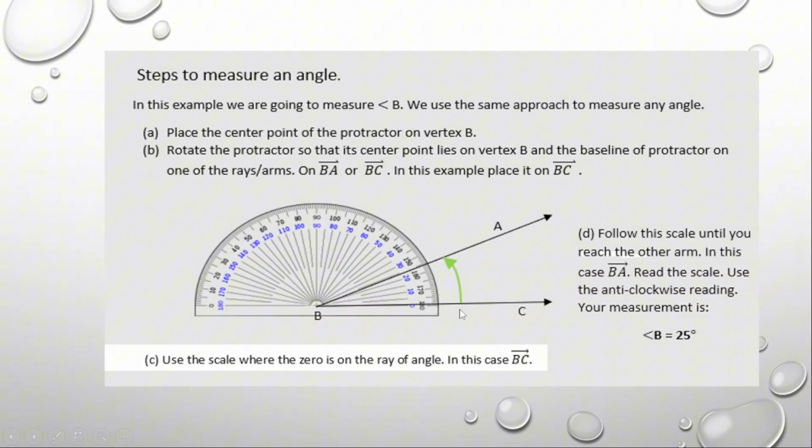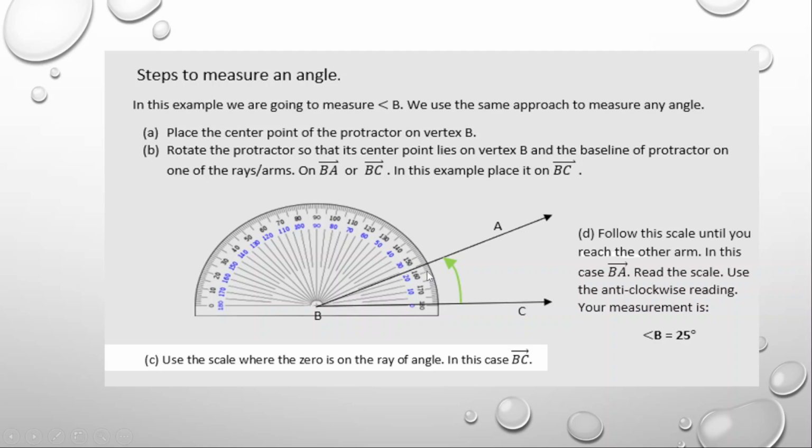Now you follow the scale. You always start counting from naught. Because in this case, it looked like it's 165. But you do not take that reading. You start at naught. So you follow the scale until you reach the other arm. Right, so we start. Naught, 10, 20. There's 20.